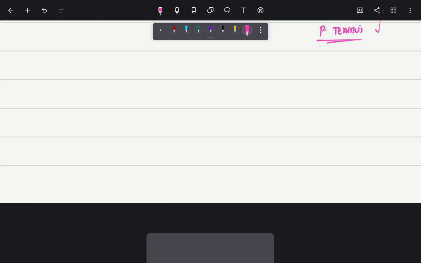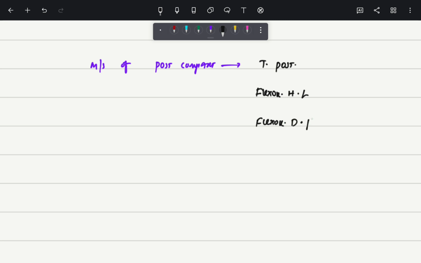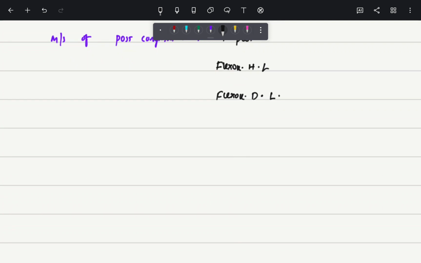Now we are going to talk about the muscles of the posterior compartment. Now this is going to be very easy. There is a muscle called tibialis posterior, and here the muscles are flexors, right? So flexor hallucis longus and flexor digitorum longus. Aside from that, we have the three-headed monster peroneus tertius.